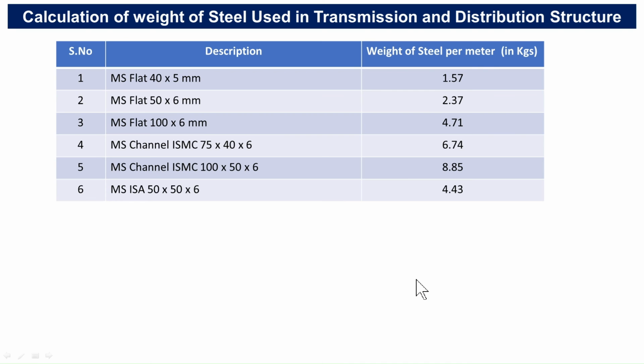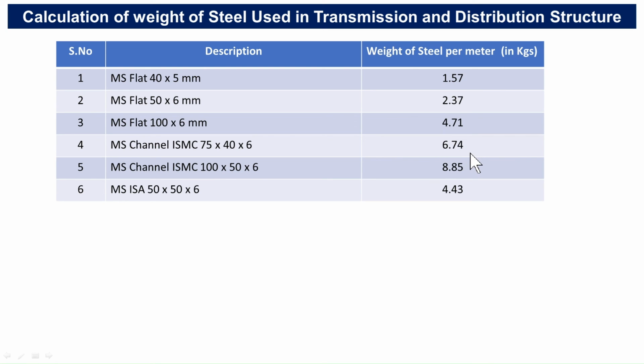Now the weight of the steel flat of 40 into 5 mm size is 1.57 kgs per meter. Similarly, the weight of the flat for 50 into 6 mm is 2.37, and the weight of flat 100 into 6 is 4.71. For MS channel ISMC 75 into 40 into 6, this is the dimension of the channel, the weight per meter is 6.74.